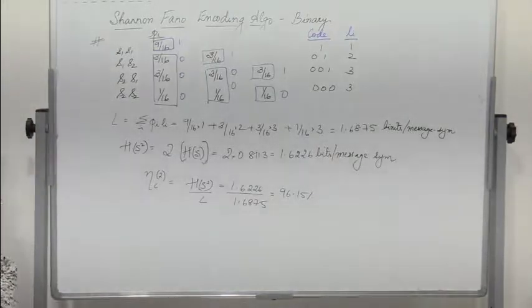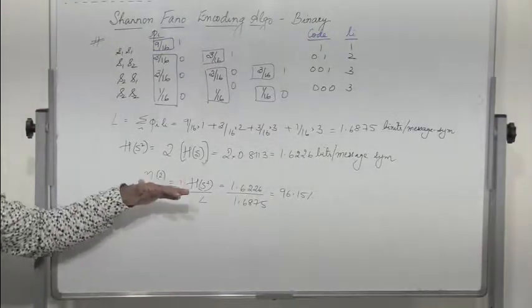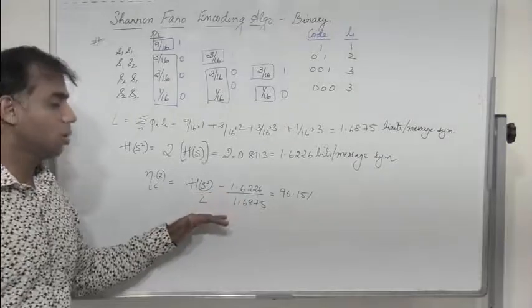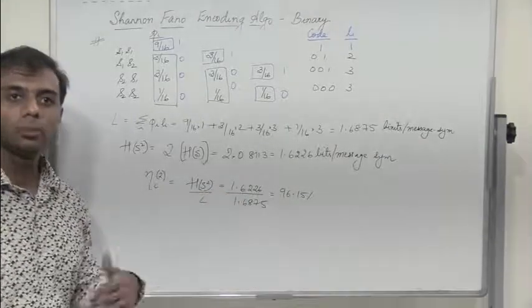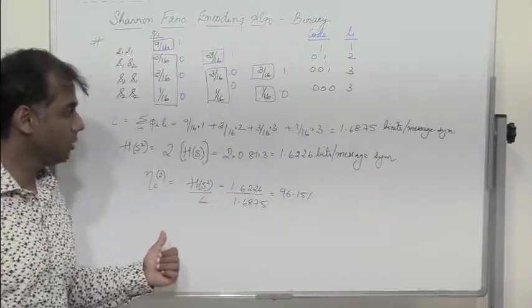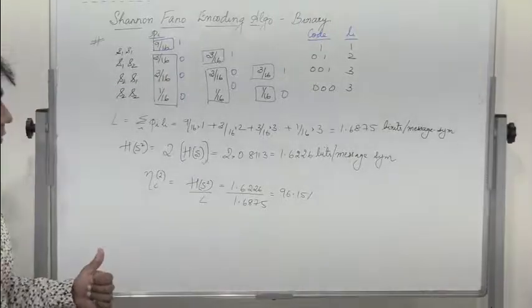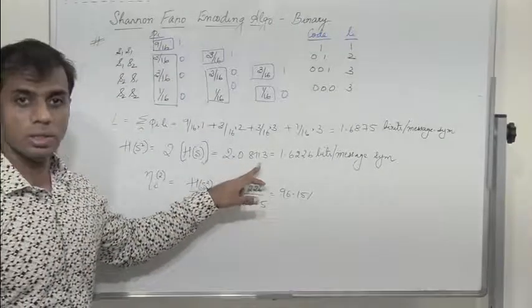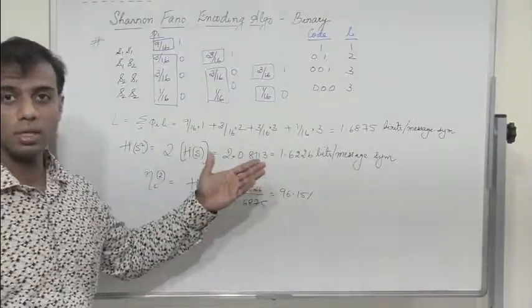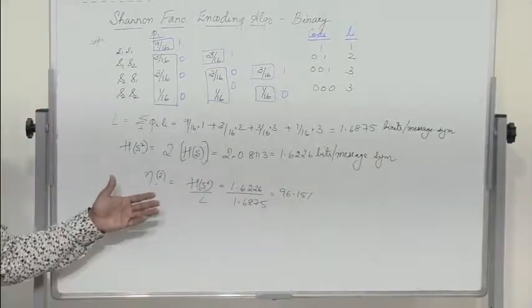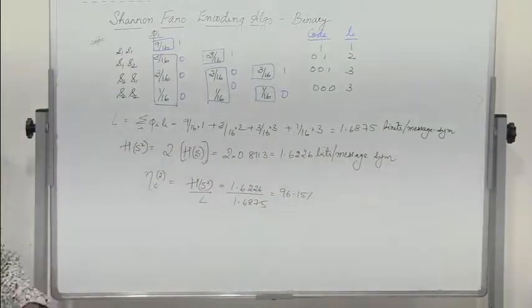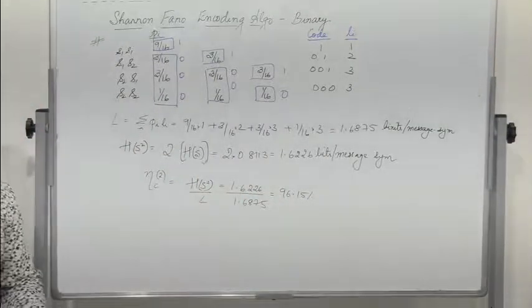So here we observe that when we go for the second extension, the code efficiency increases dramatically. In the previous case the code efficiency was just 81.13%, but in the second extension it has remarkably increased to 96.15%.